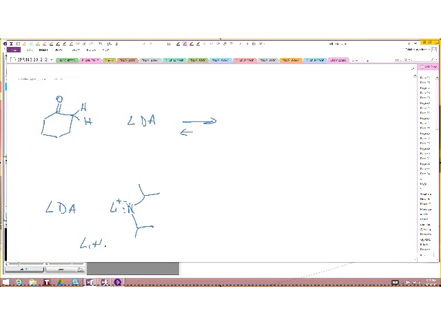This is called lithium diisopropylamide, and that is why we have the acronym LDA. So for subsequent reactions, whenever you want to use it, just simply write LDA. Now, if you want to drive the equilibrium of this reaction to the right, we use this strong base.